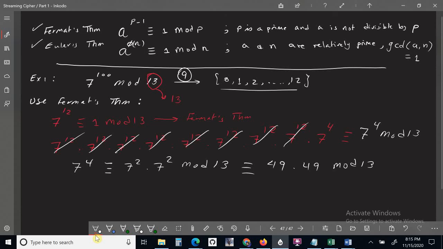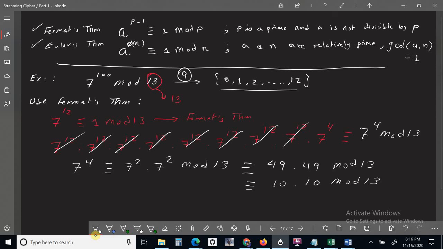Now 49 mod 13: 49 divided by 13 is 3 and the remainder is 10, so this is 10 times 10 mod 13, which is 100.